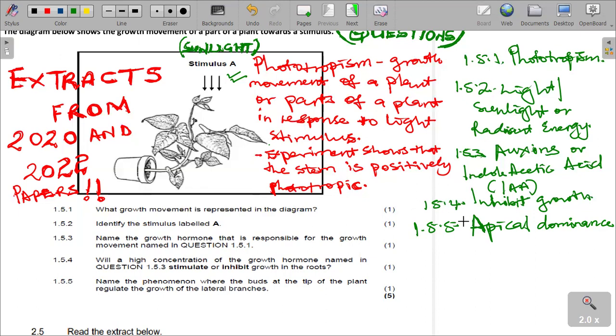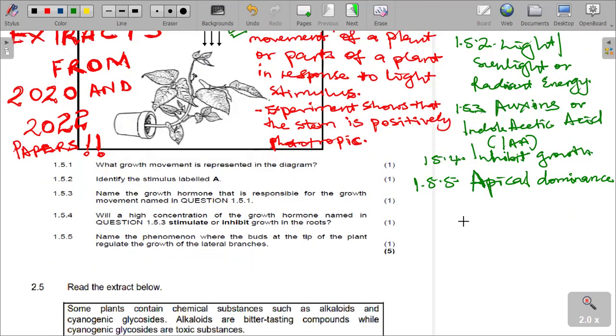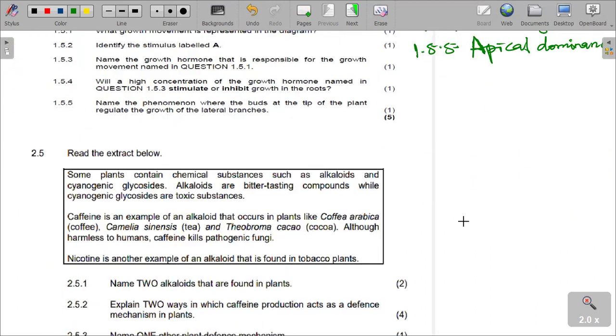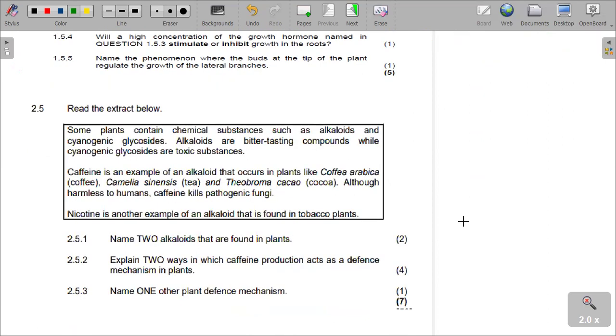We are going to answer our next question, which is question 2.5.1. Read the extract. Some plants contain chemical substances such as alkaloids and cyanogenic glycosides. Alkaloids are bitter-tasting compounds, while cyanogenic glycosides are toxic substances.